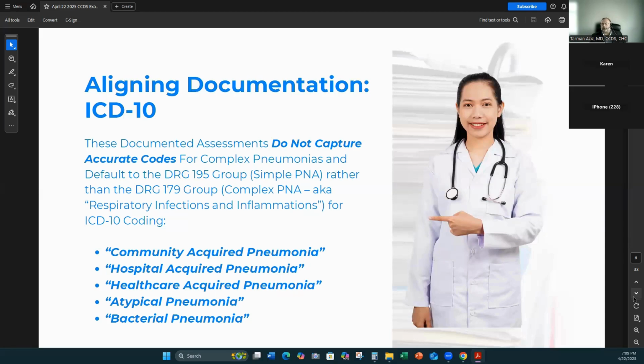Do either of you on the call know which type of code you would select if a provider writes any of these? Just simple pneumonia? You would be in the simple pneumonia DRG for sure, but what would be the actual code selected if a provider writes hospital acquired or community acquired pneumonia, or worse yet, all you get is CAP or HAP, some sort of acronym?